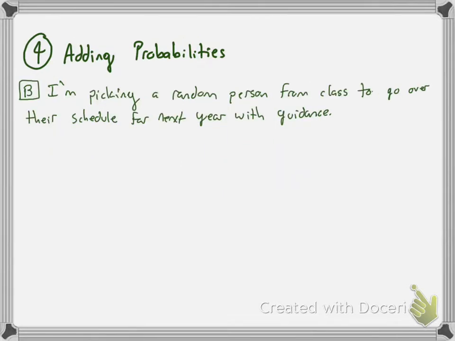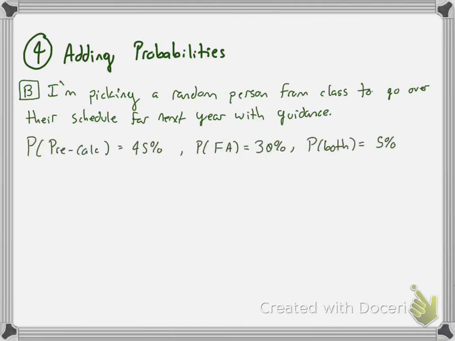In my second example, let's say I'm picking a random person from class to go to guidance to go over their schedule for next year. When I went around the room at the beginning of the semester, seeing what you wanted to take next year, around 45% of you said you wanted to take pre-calc, around 30% said you want to take financial algebra, and a small percentage expressed interest in taking both classes next year.